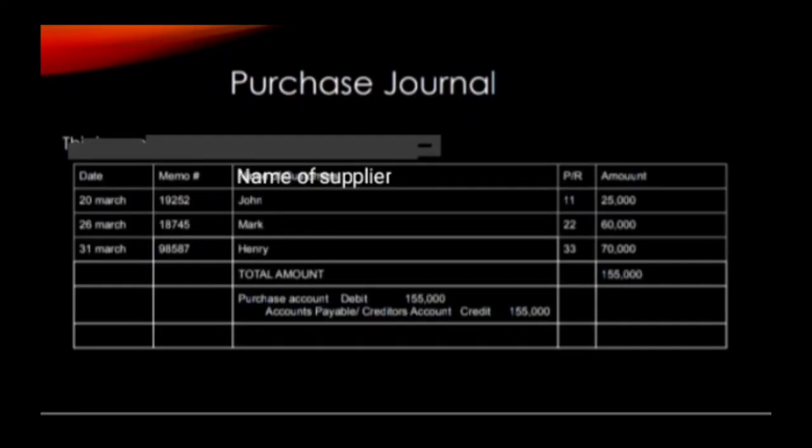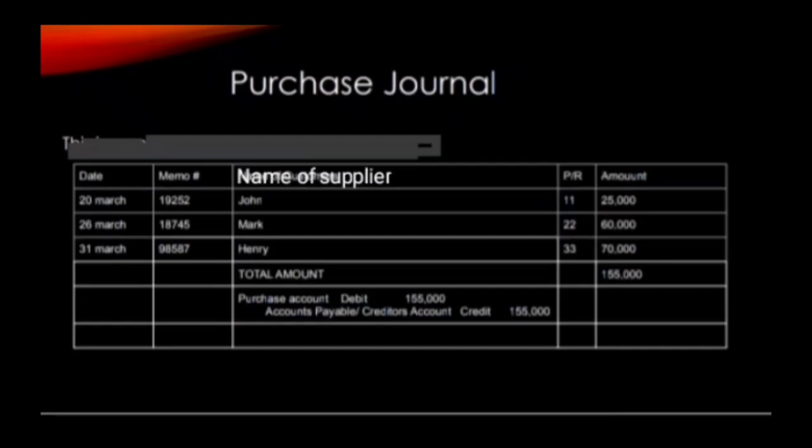Purchase journal. It shall be prepared in the same way as we prepared the sales journal. Firstly, you have to make the columns of date, then memo number, then name of supplier, and the amount. Now let us take a look. On 20th March, you purchased something from Mr. John on account.